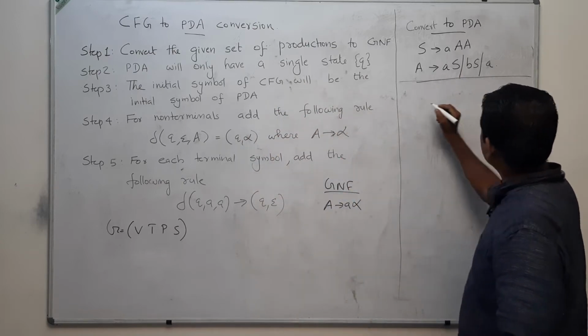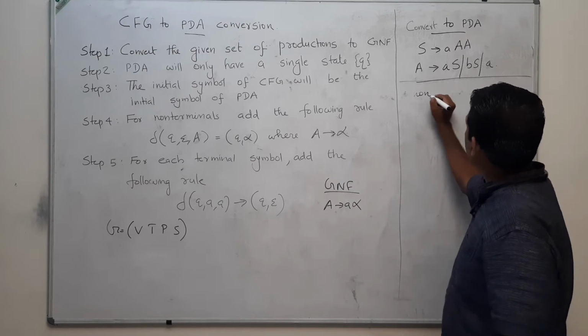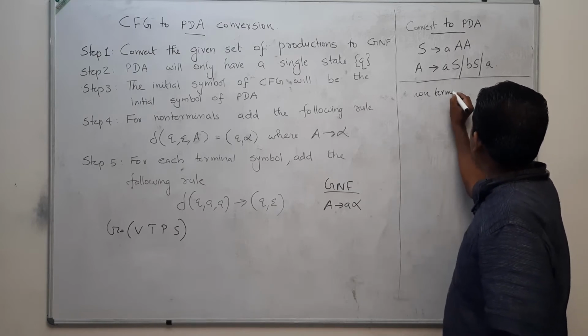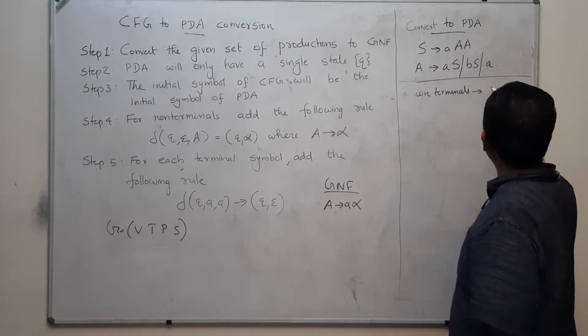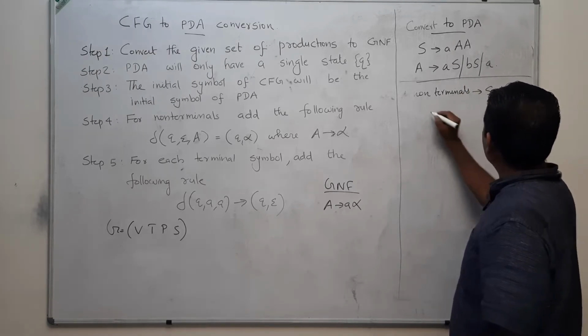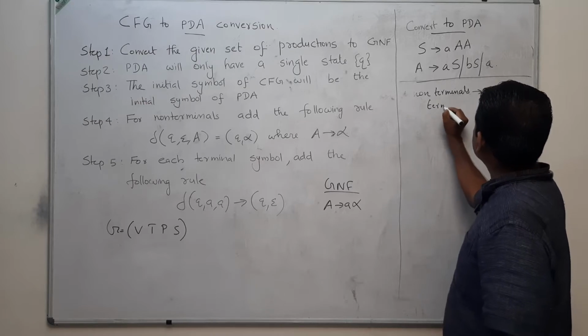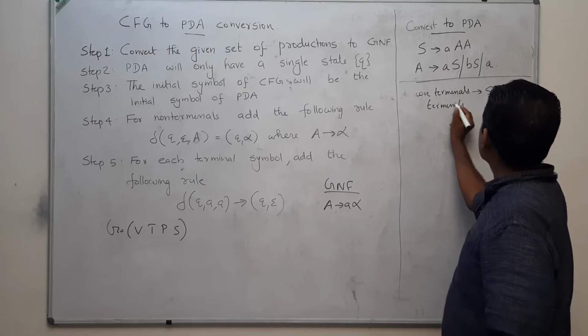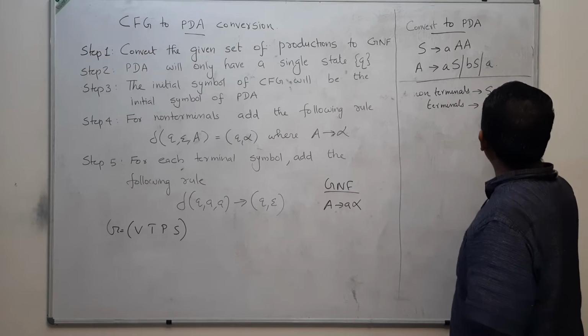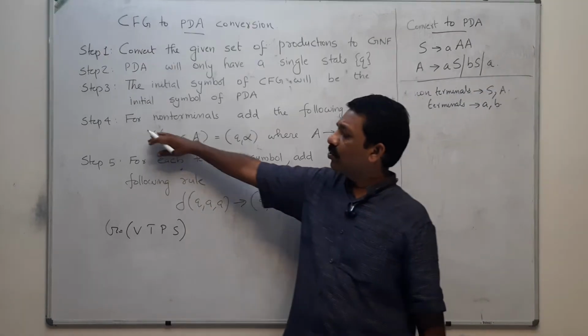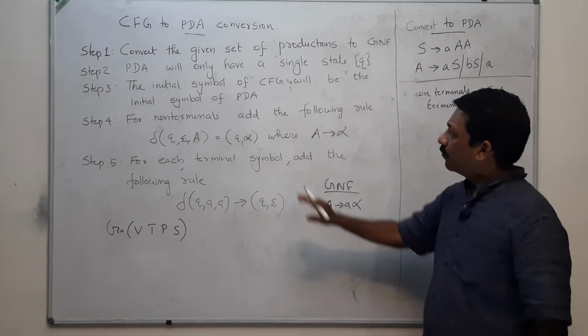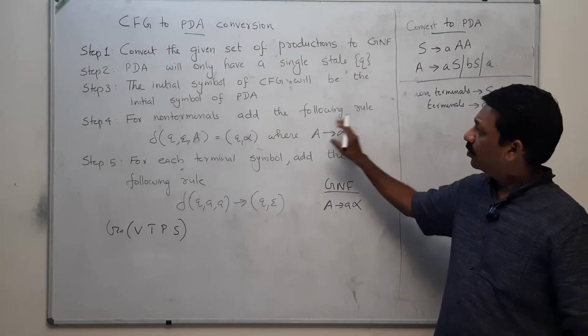Here, what are the non-terminals? In this case, the non-terminals are S and A. And what are the terminals? The terminals are a and b. Then, as per the rule, for non-terminals, add the following rule.